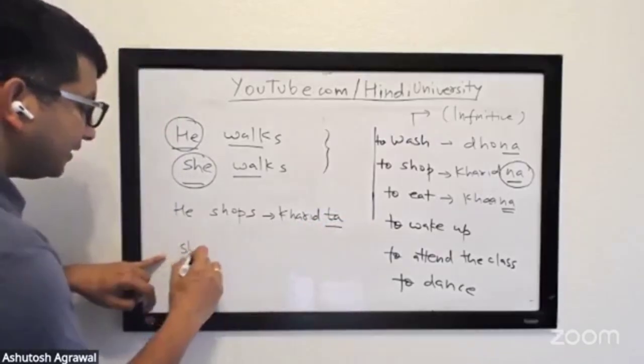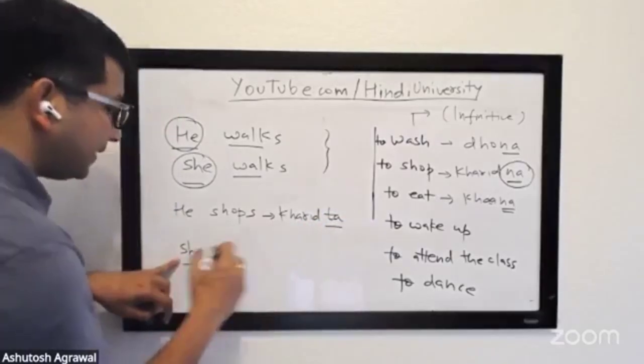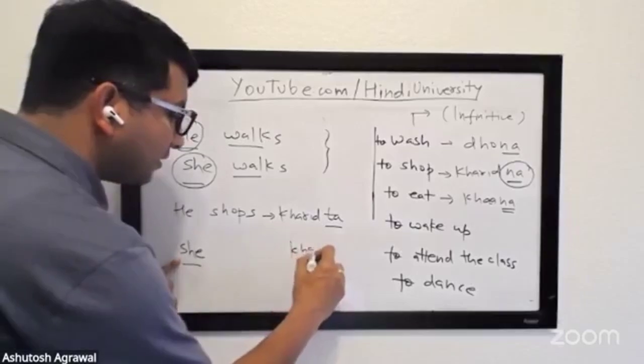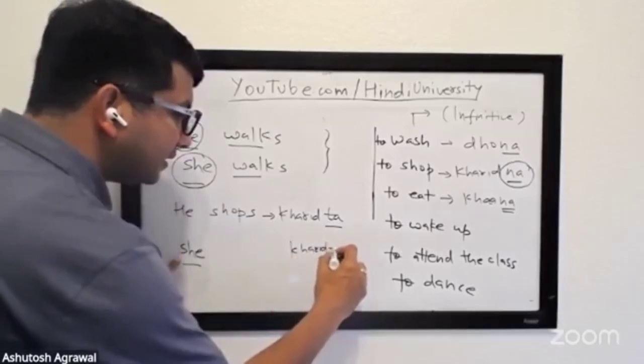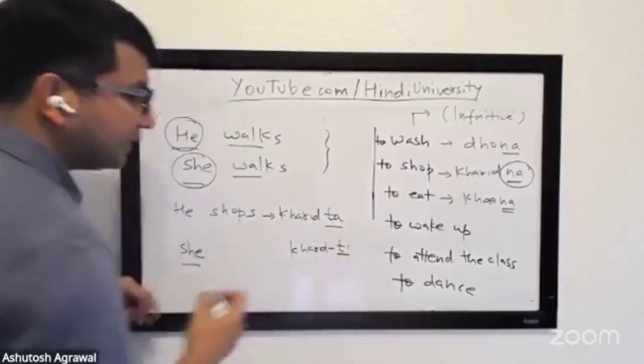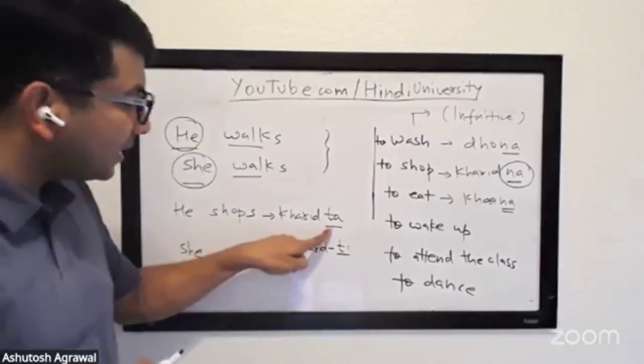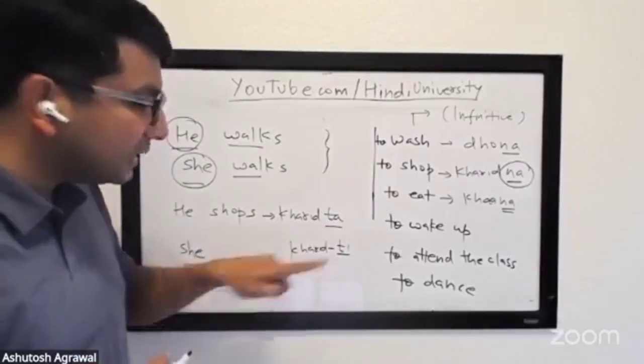And same thing, if you're using the word for a female, you will say kharidti. So you remove the na. For a guy, you put ta. For a girl, you put ti.